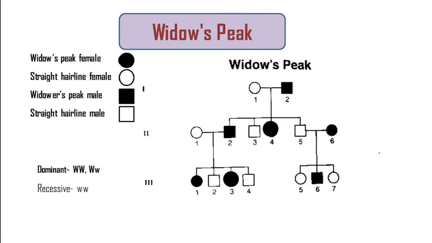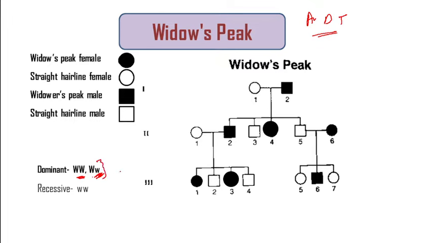Let's move further. Widow's peak. This is another example of an autosomal dominant trait. How will we calculate? Dominant individuals are shown with capital W, and the heterozygous condition is also capital W, small w.